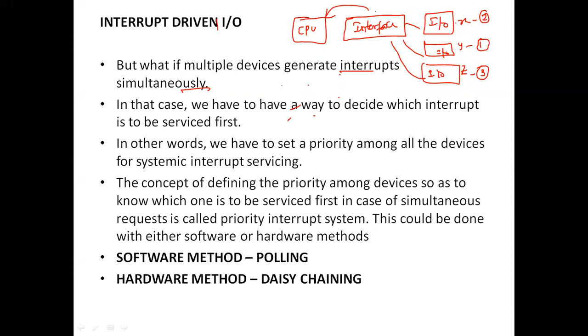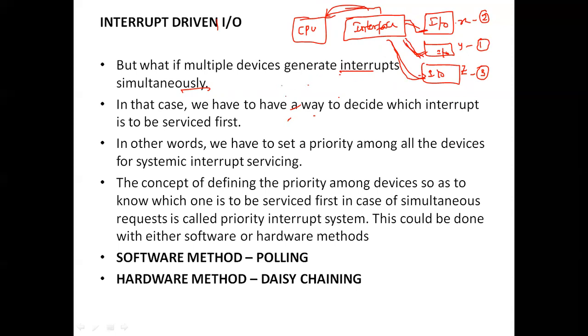So based on the priority, the CPU is going to attend the interrupts. Y device has the highest priority, so first the CPU will attend this interrupt, then this interrupt, and last this interrupt. This is how we find the solution when we have multiple interrupts simultaneously at a time.